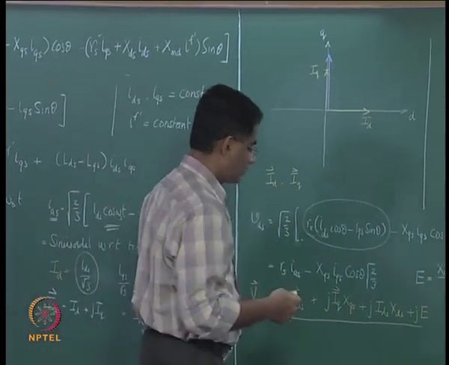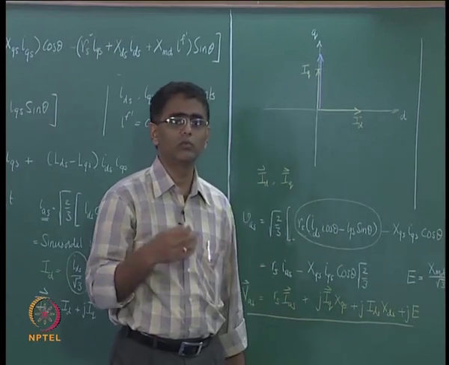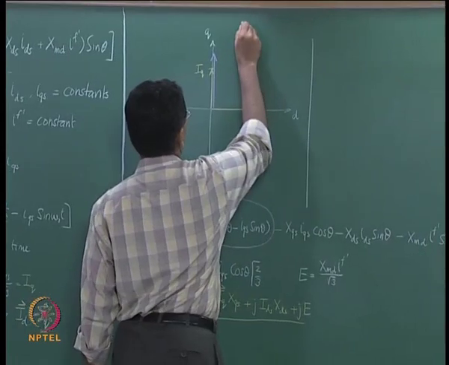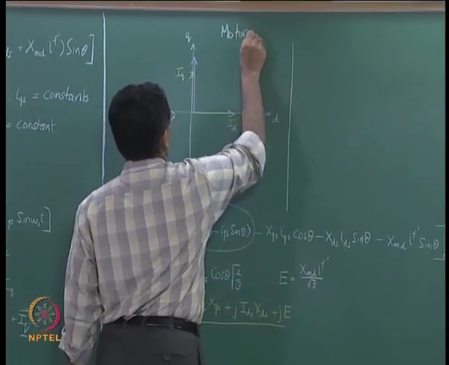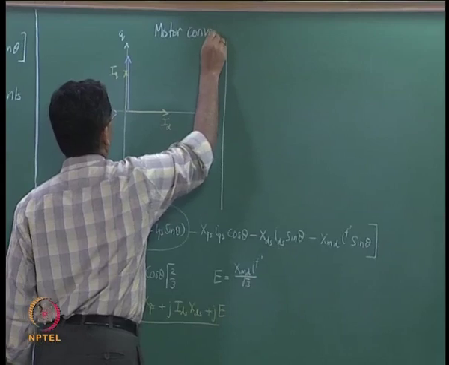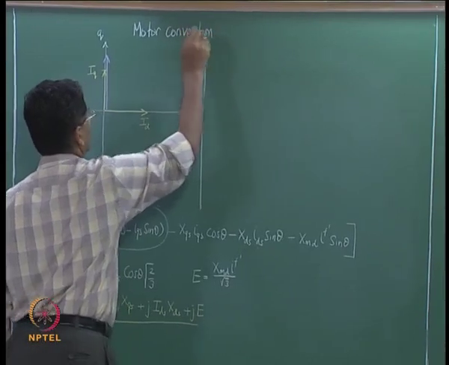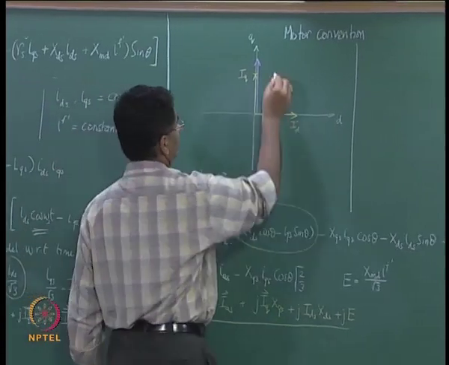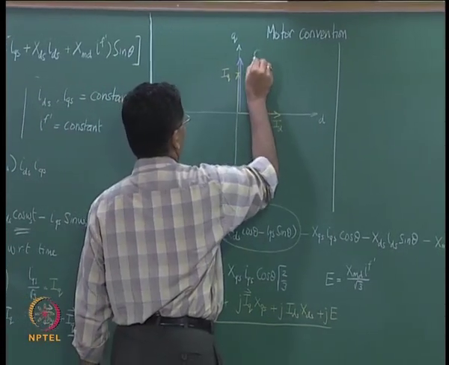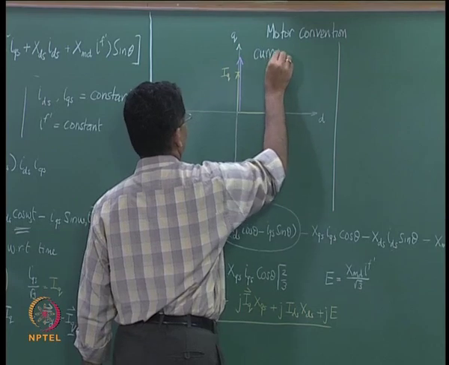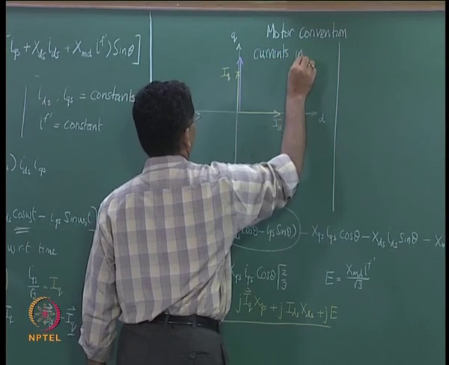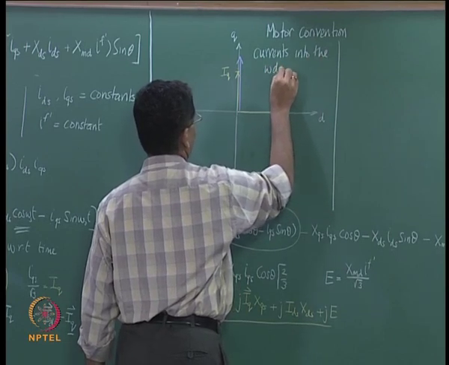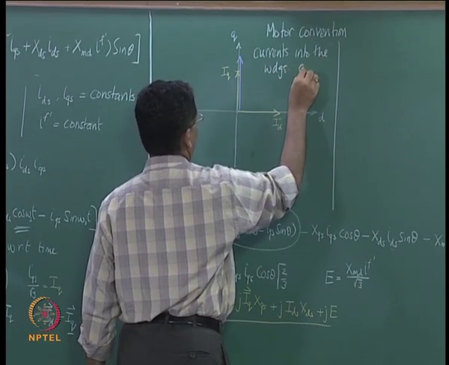If we remember, we have all along been saying that we are making use of motor convention in developing these equations. That means we are considering that currents into the windings are positive.